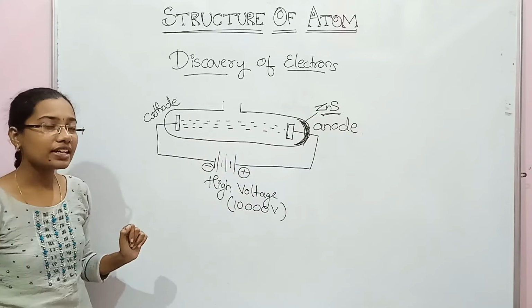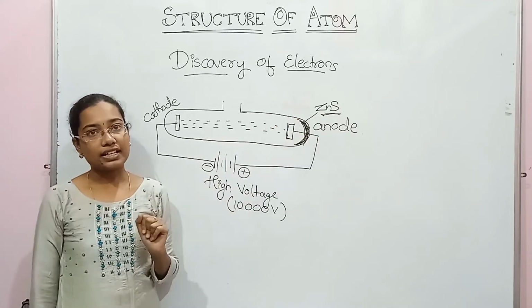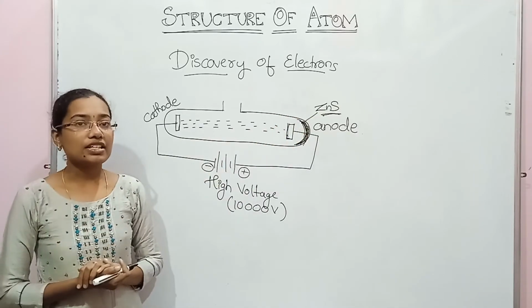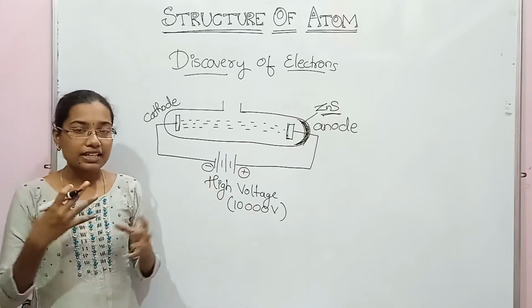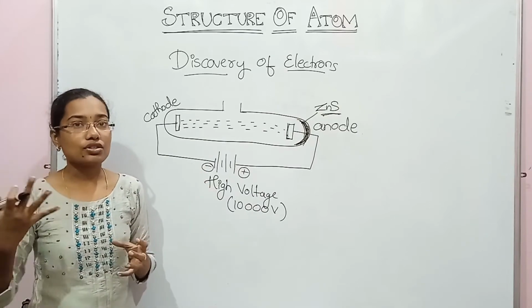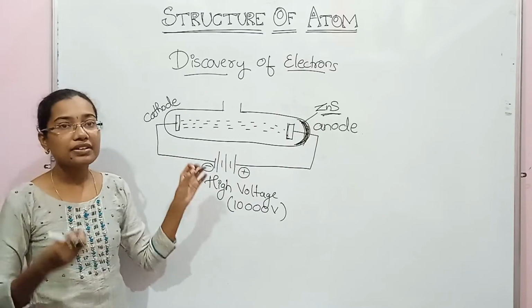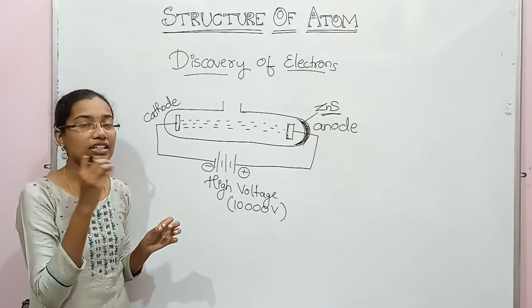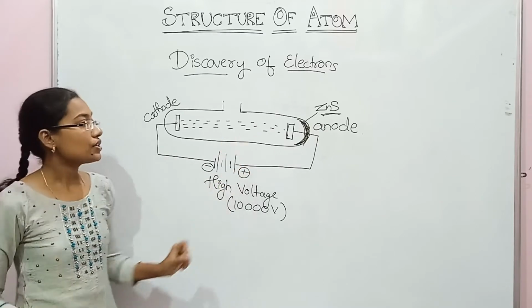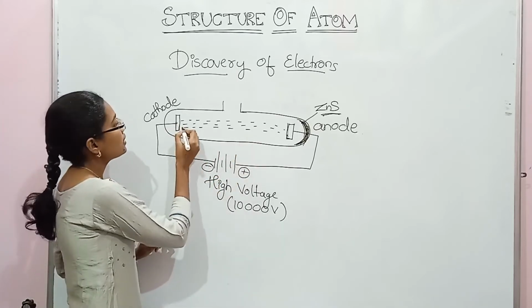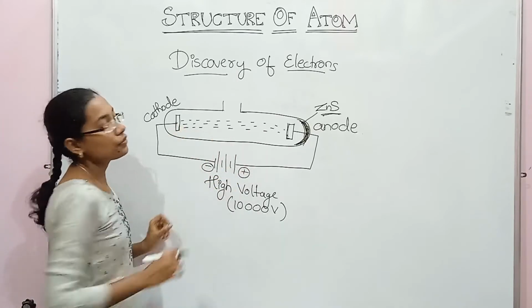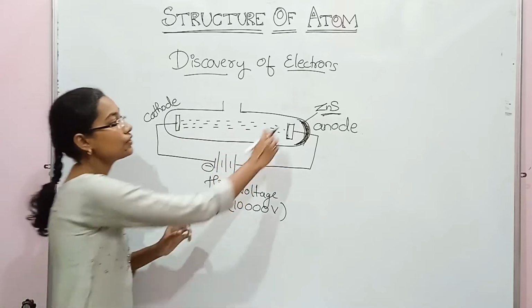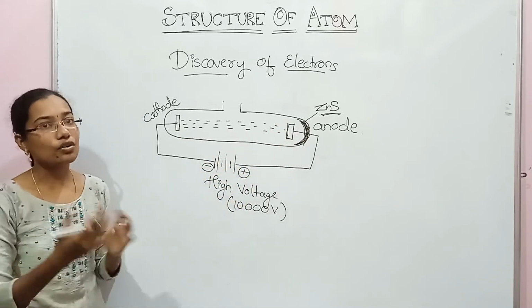What is zinc sulfide? It is a fluorescent material. A fluorescent material is one which glows or illuminates whenever any kind of ray or radiation hits it. So when the rays start moving in the vacuum tube, the fluorescent material starts glowing.